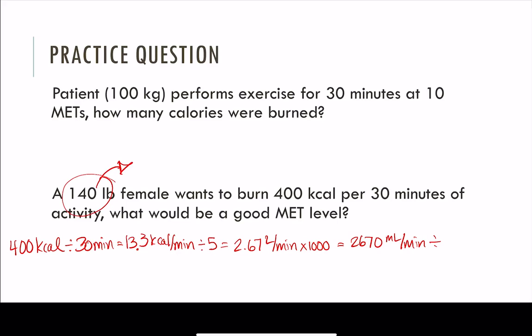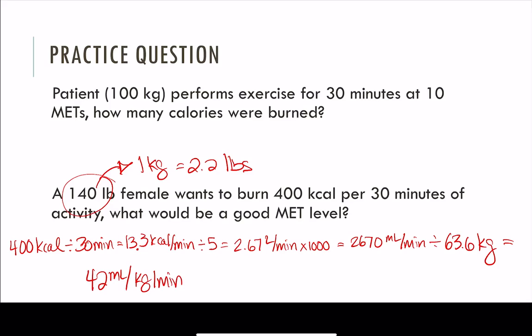140-pound female, you got to convert that to kilograms. 1 kilogram is equal to 2.2 pounds. So if you divide out by 2.2, you can see she is 63.6 kilograms, which means that she has a relative VO2 of 42 milliliters per kilogram of body weight per minute.